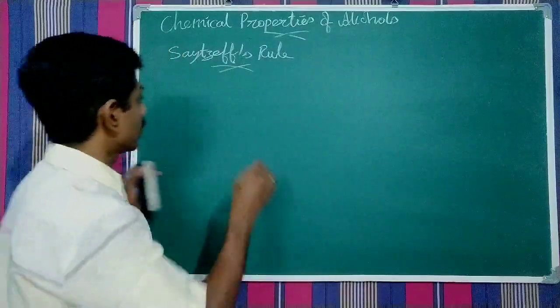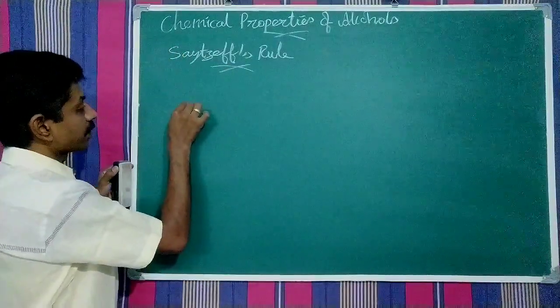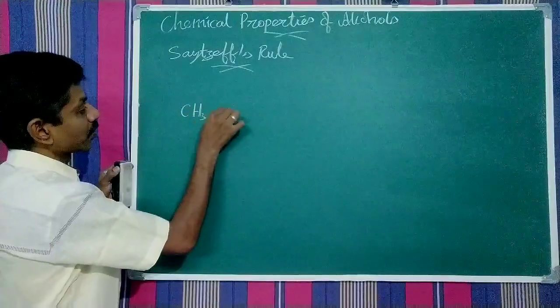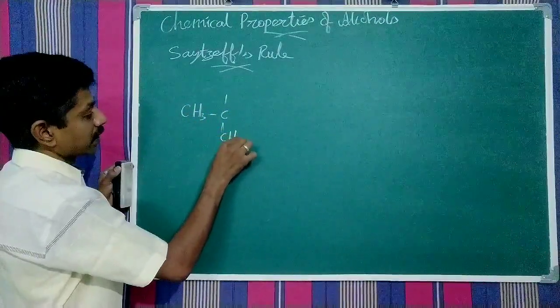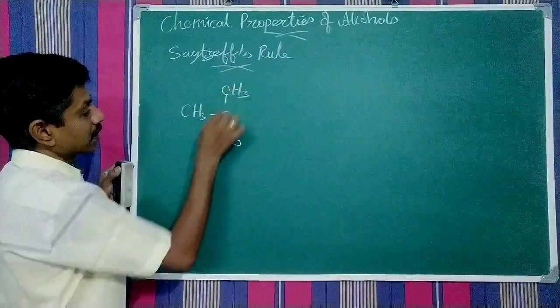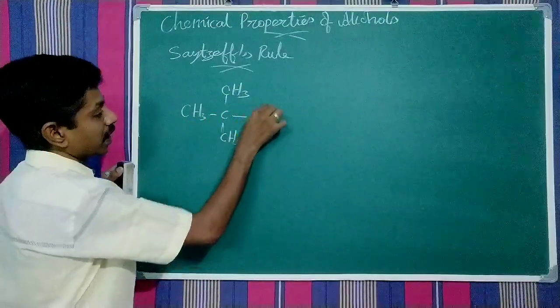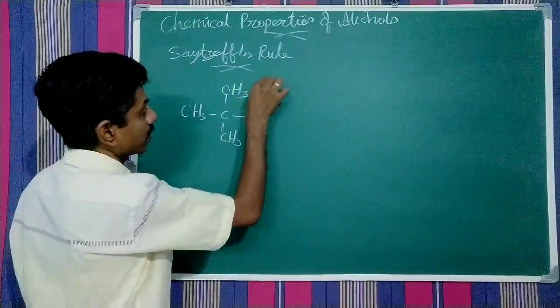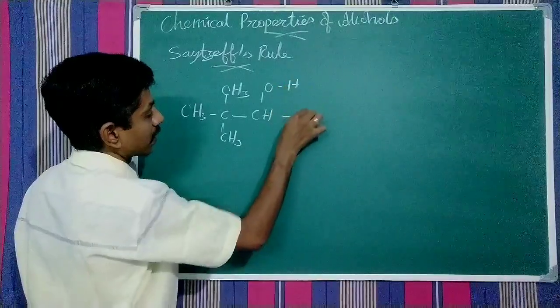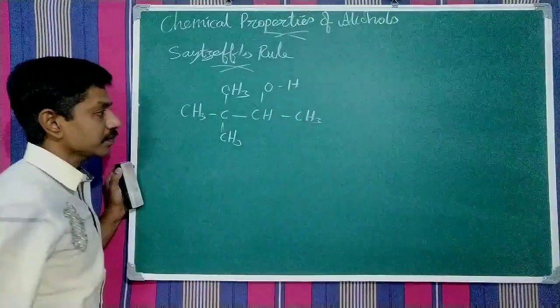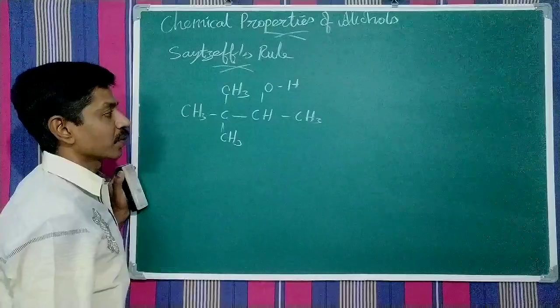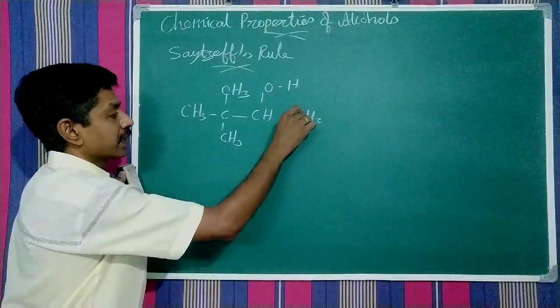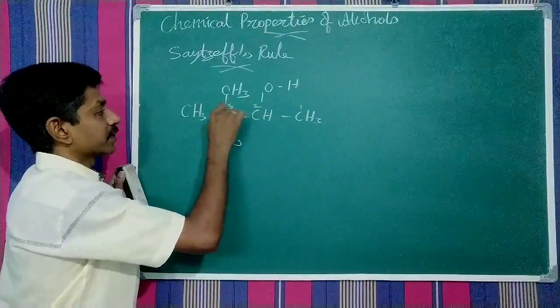With one example you can understand better. I am writing this molecule, CH here, OH and CH3. If you closely see this molecule, let me number from right to left.